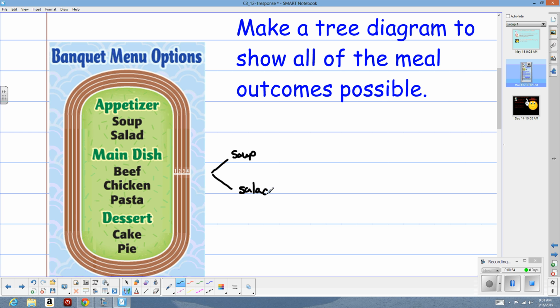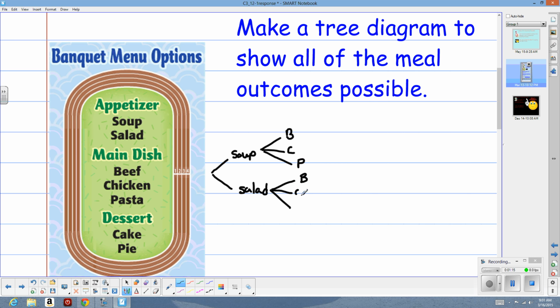After you make that first choice, your next choice, you are going to choose from 3 different main dishes. So we're going to make 3 branches out. You're going to have a choice of beef, chicken, or pasta.